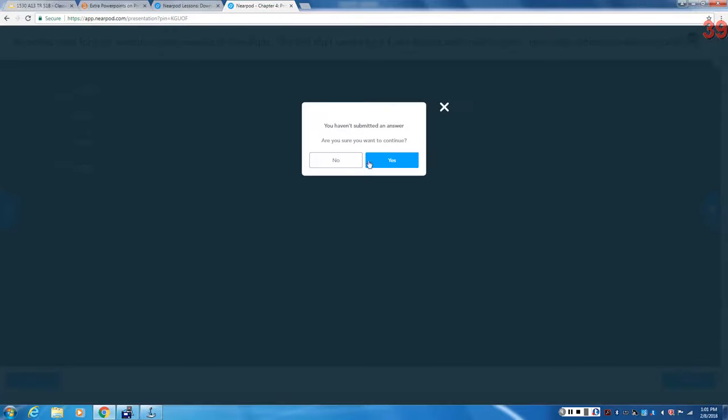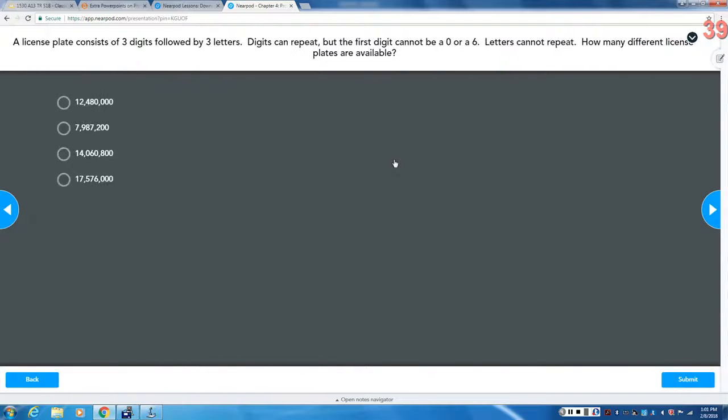Let's see, since I didn't answer, I still want to continue. If you hit this arrow, you're skipping the question. So if you're doing a Nearpod at home with a quiz, you always have to hit the bottom one and answer every question for participation points.